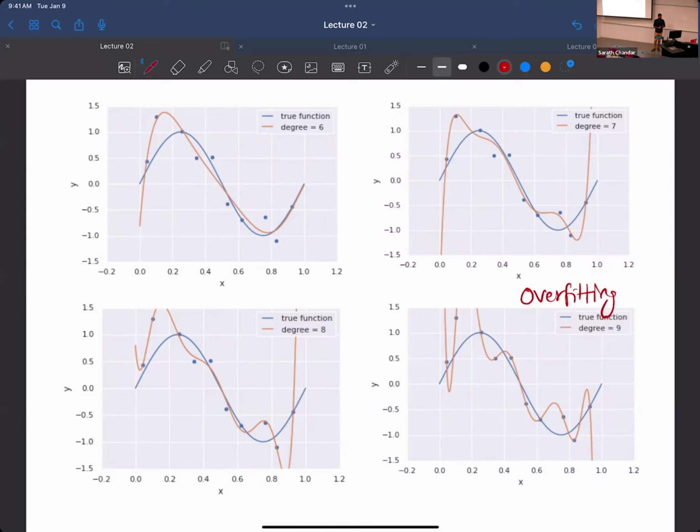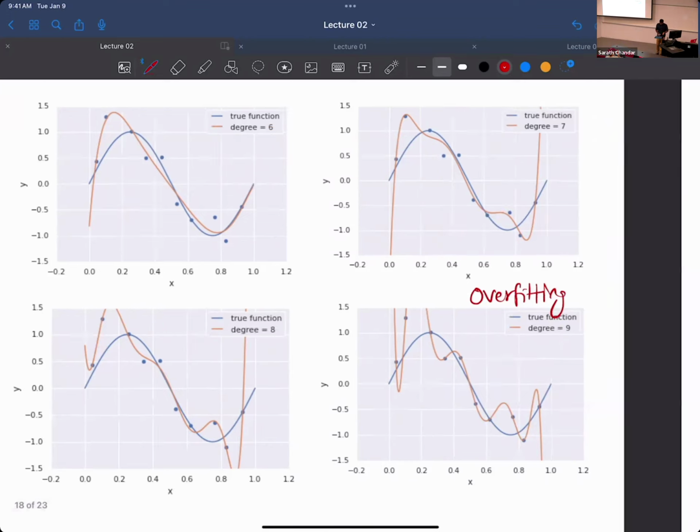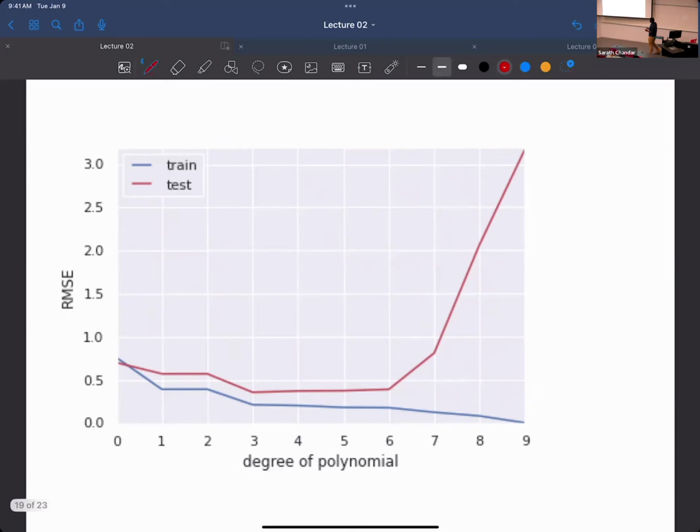Is that clear? Okay. So what I have done is, for different degrees of polynomial, I'm plotting both the train RMSE and test RMSE. You see here that the train RMSE strictly gets better and better with larger polynomial, which makes sense, right?